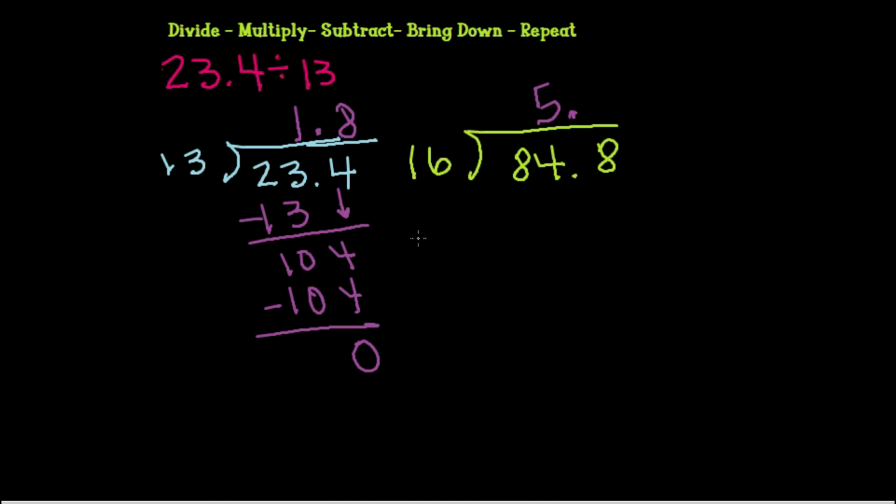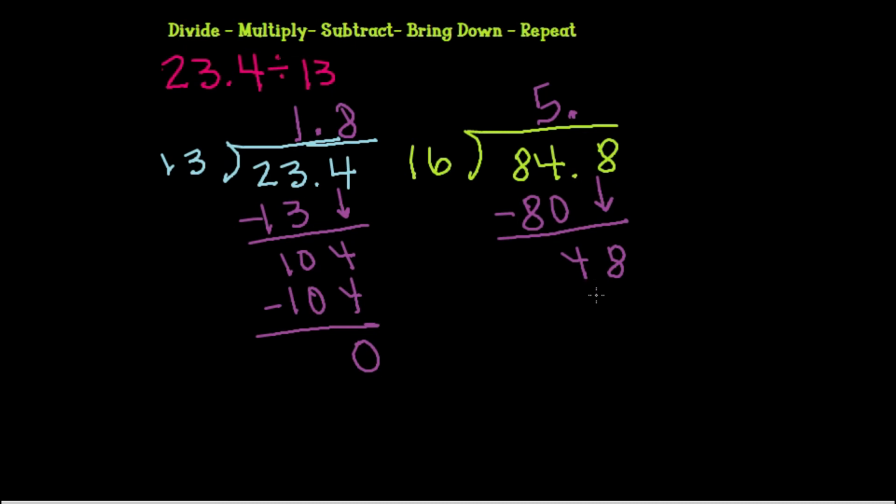Next, I'm going to multiply. 16 times 5, I already figured out, is 80, and I subtract. 84 minus 80 is 4, and after subtracting, I bring down. So now I have 48, and I repeat all the steps in my process.